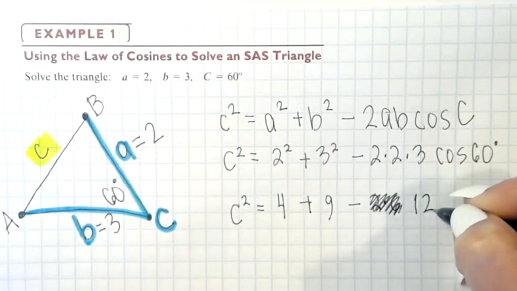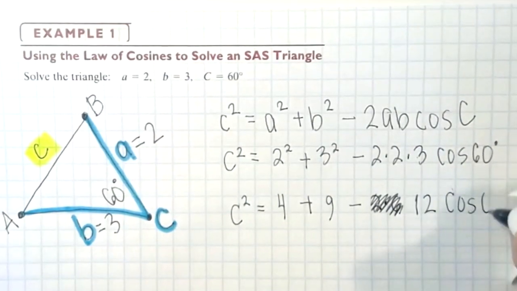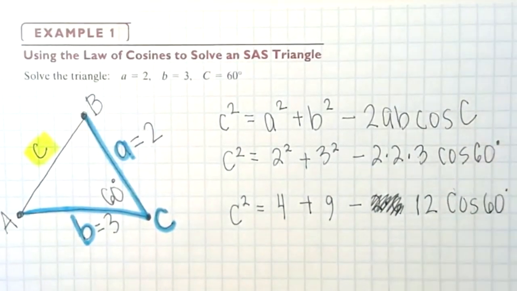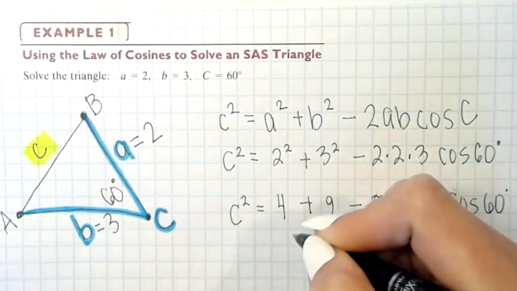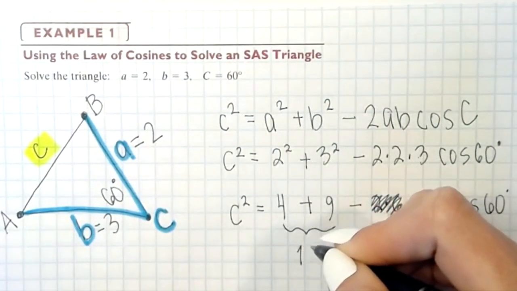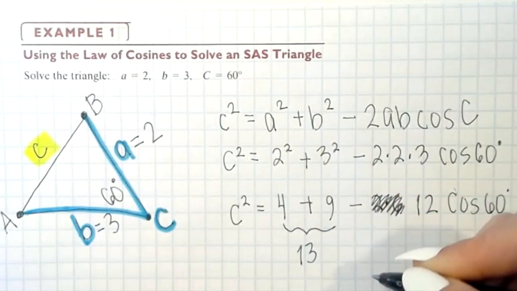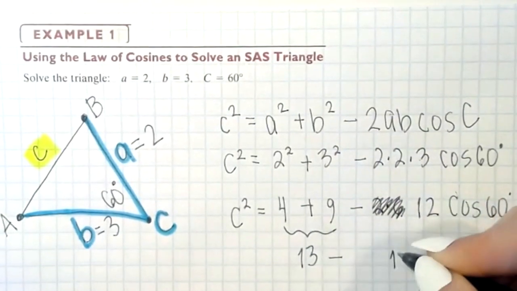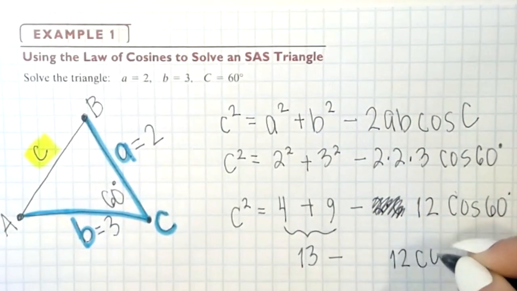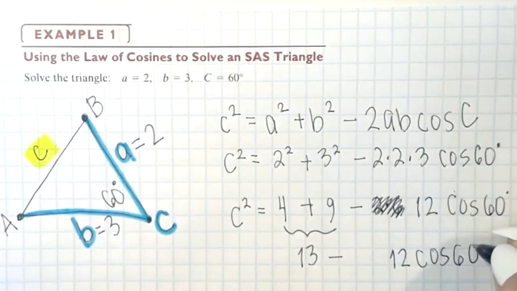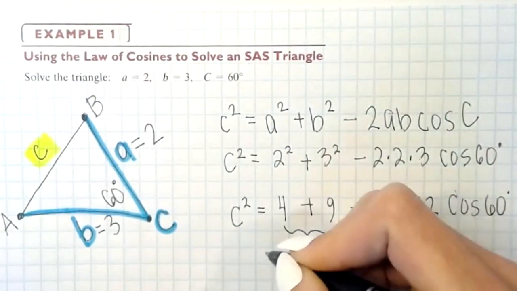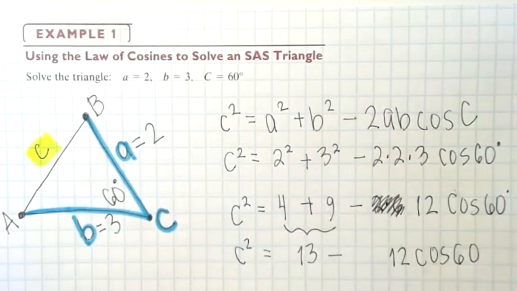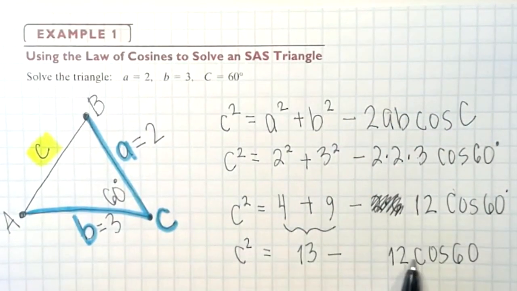So I'm just going to write 12 cosine C. And 4 plus 9 is 13. This is what I'm talking about. 13 minus 12, it's just taunting you. Subtract me, I know you want to, but really you can't. That 12 is attached to the cosine C. We can't subtract them, okay? No matter how badly you want to, you can't do it.